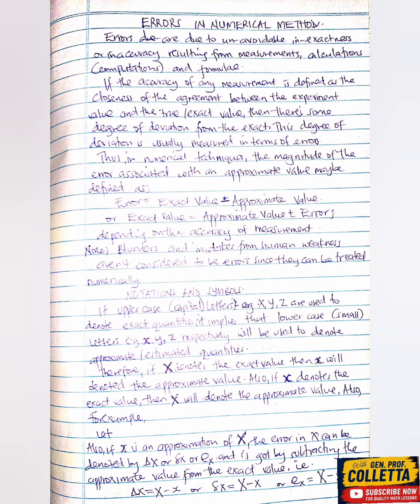All those three you are seeing are used to denote errors. The error is also got by subtracting the approximate from the exact. From that we can see capital X minus small x, because the statement was that small x is an approximation of capital X. It means capital X was the exact and the small x was the approximate value. So that is generally the introduction about errors.